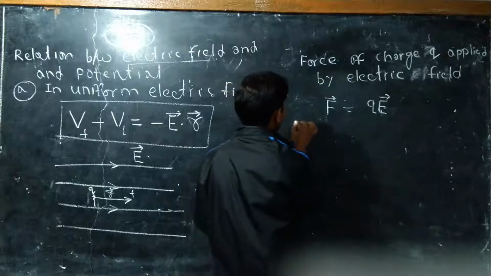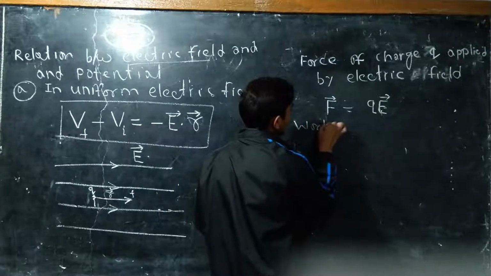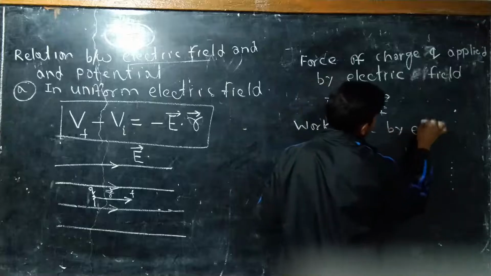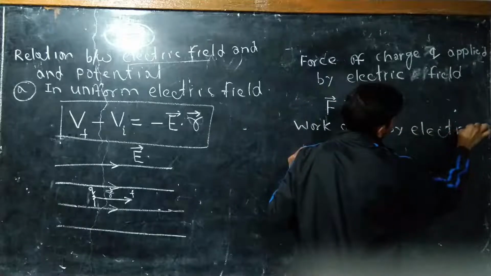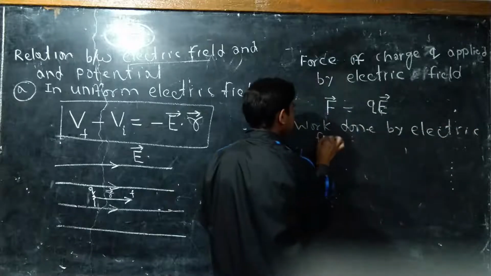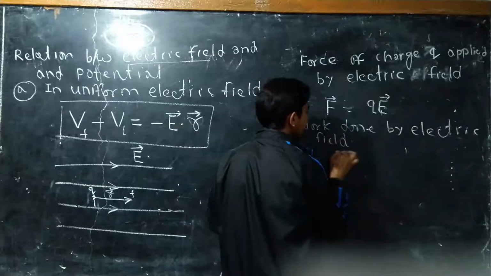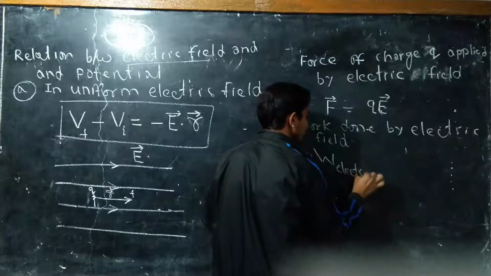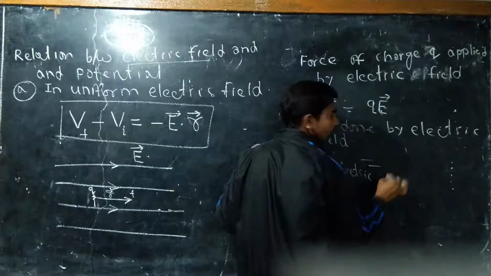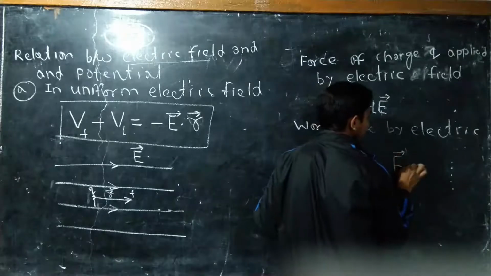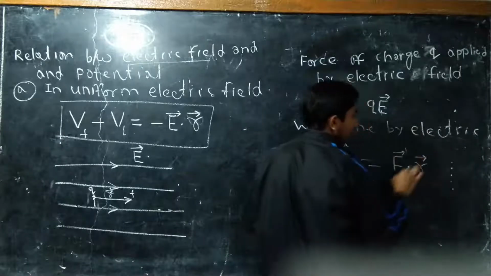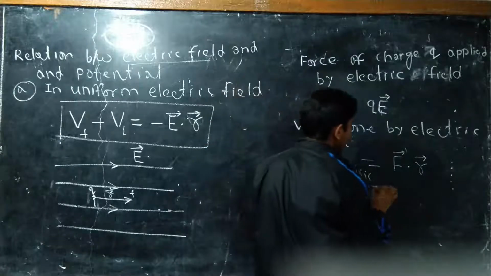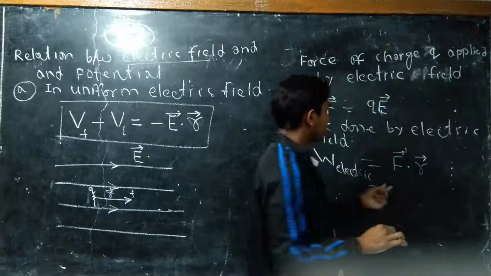So work done by the electric field is W electric, and that W electric is F dot r, right? F dot r.